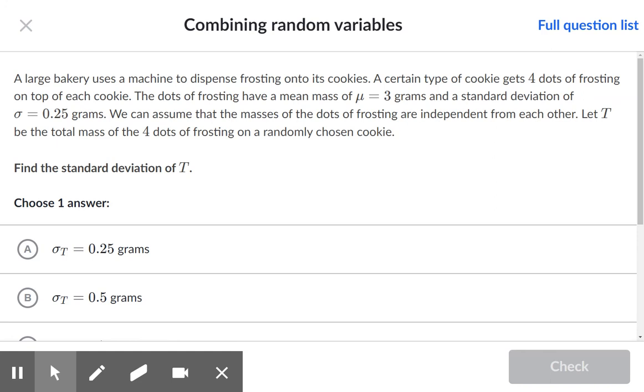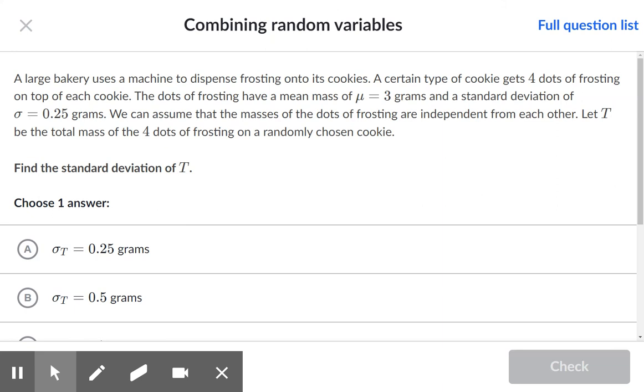Let T be the total of the 4 dots. So let's say dot number 1 plus dot number 2 plus dot number 3 plus dot number 4. So you have 4 dots there. Now, remember what I said earlier, that in order to find the standard deviation of T, we cannot add or subtract standard deviation, we can only add variance, which is sigma square.